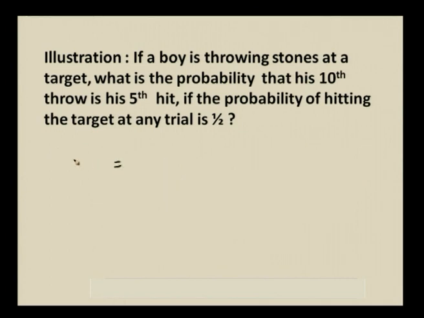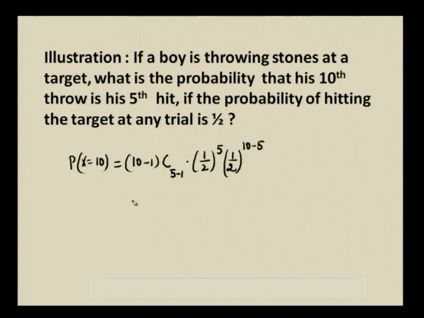Okay. So, what is the probability that is 10th hit? So, write P of x is equal to 10 is equal to x minus 1, right. So, 10 minus 1 C r minus 1, r minus 1 is 5 minus 1, into p power r, 1 by 2 whole power 5, and q, p is 1 by 2 means q is also 1 by 2, whole power 10 minus 5. Okay.